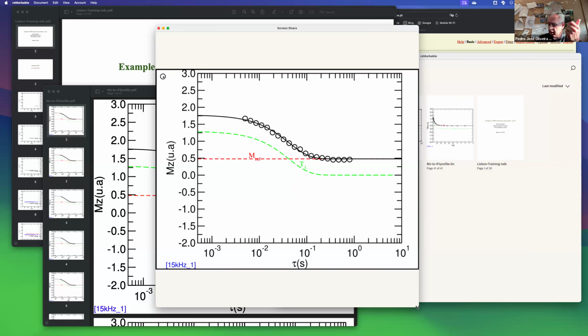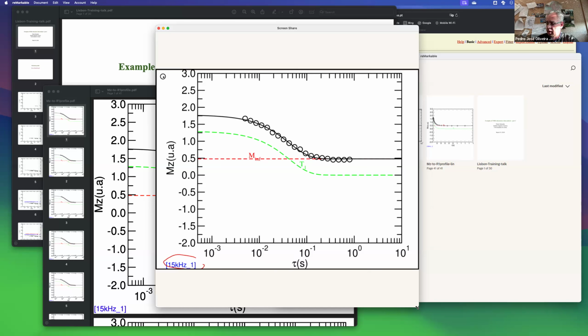I will show you how I got this. I'm showing here on the bottom the frequency. So this is the magnetization decay. It shows the magnetization as a function of tau, the time you let your sample relax in the low field.